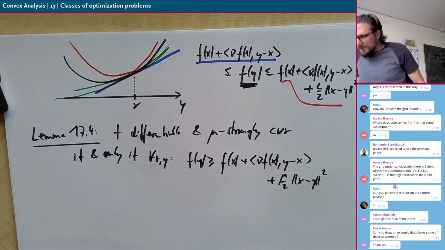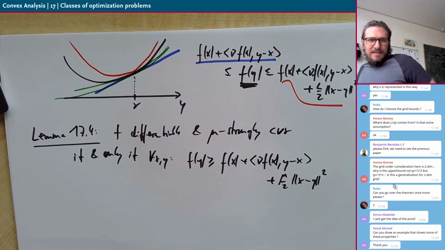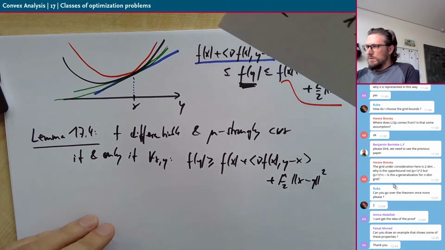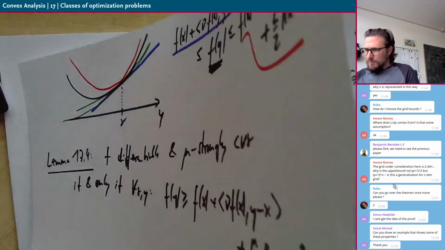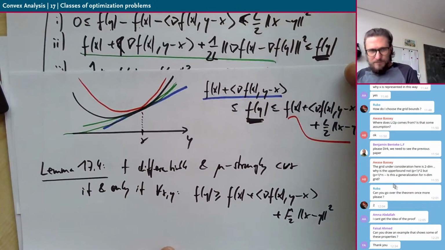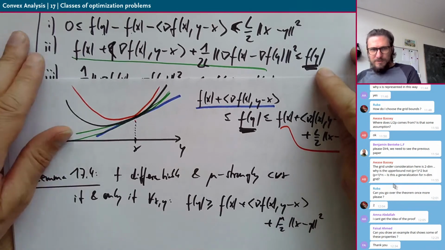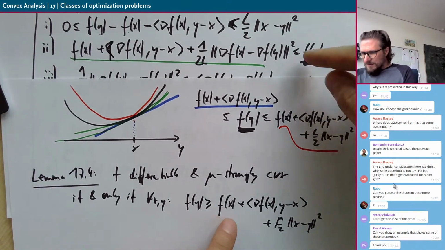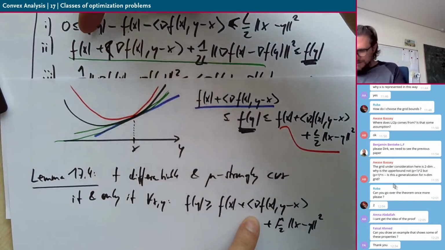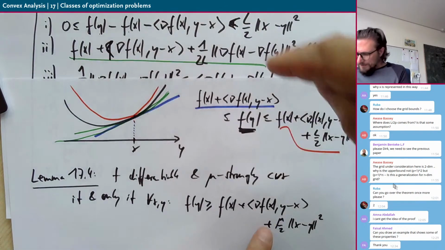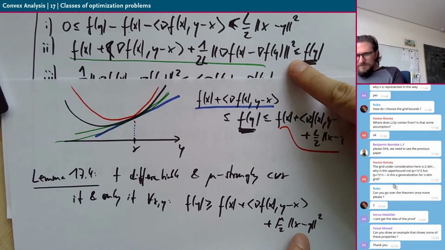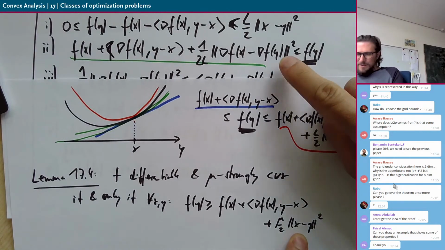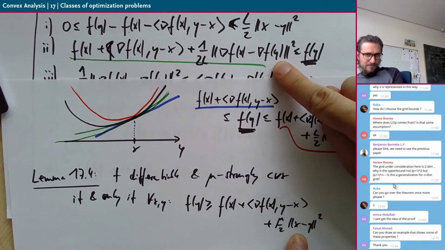Okay, so this looks similar to the green bound here. It looks similar to that, but note the difference. It's again f larger than the linearization, but the last term differs. Here is the difference of the points, and there it's the difference of the gradients.